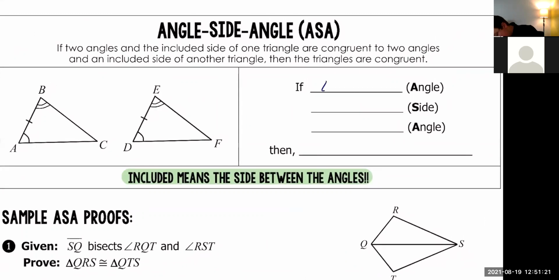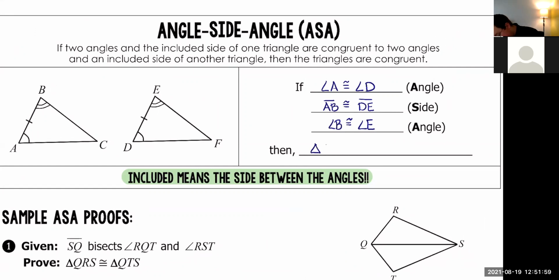If angle A is congruent to angle D, side AB is congruent to side DE, and angle B is congruent to angle E. Because of their arrangement and the relationship with each other, we have enough with the angle, side, and angle to say that those two triangles must in fact be congruent.